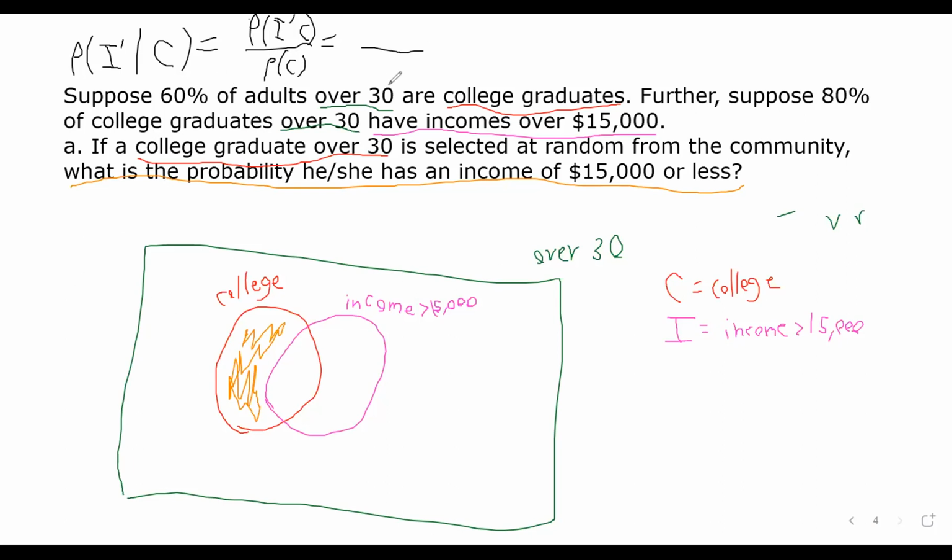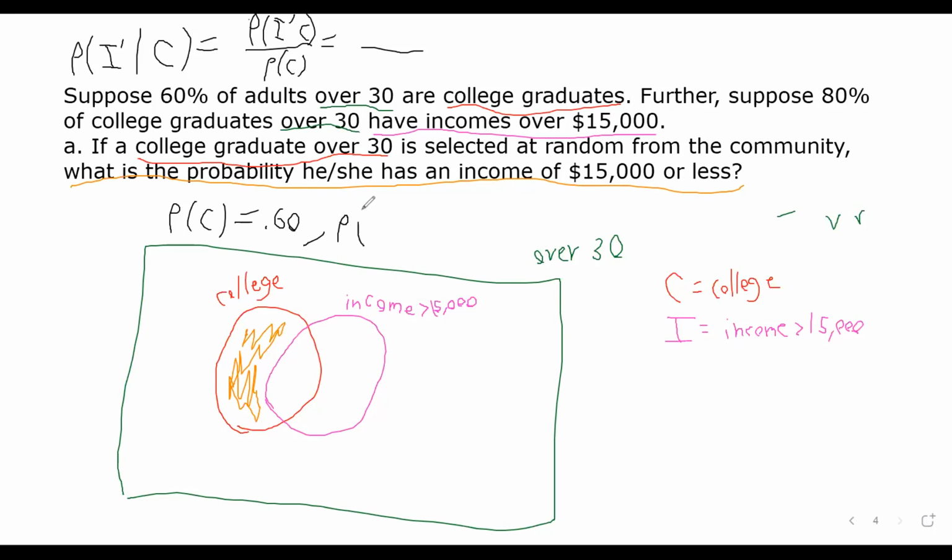Now the assumptions in the problem. Suppose 60% of adults over 30 are college graduates. That tells you the probability of C is 0.60. Suppose 80% of college graduates over 30 have incomes over 15,000.